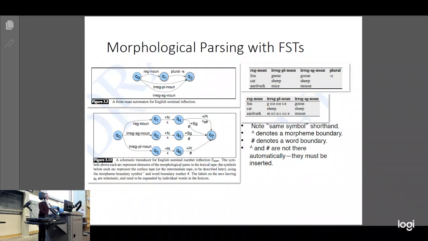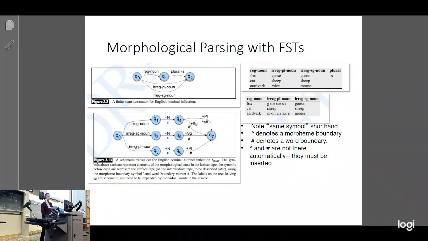So here for regular noun, we have all the regular nouns here, and then if we're doing parsing, we read epsilon and we write plus N. Then if the next thing is a word boundary, we read word boundary, write SG, and that would get us to the final state.